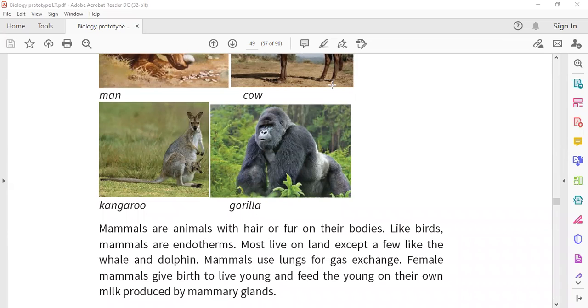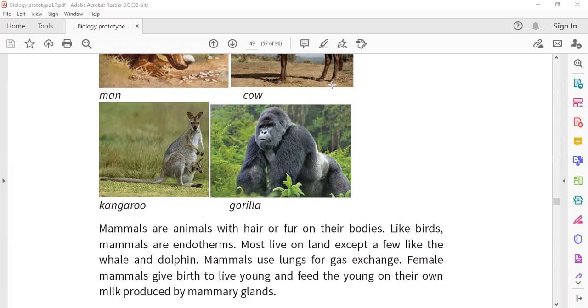Then we have what we call the marsupials, where the kangaroo belongs. These ones, we call them pouched mammals. They have pouches where they keep their younger ones, because they produce live young ones but not completely developed. They're helpless.